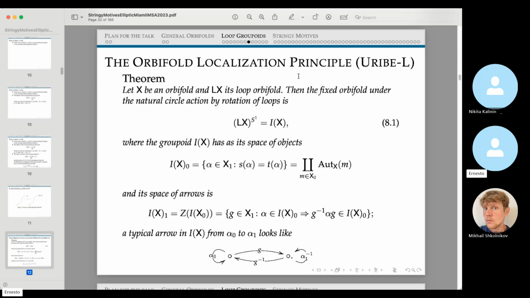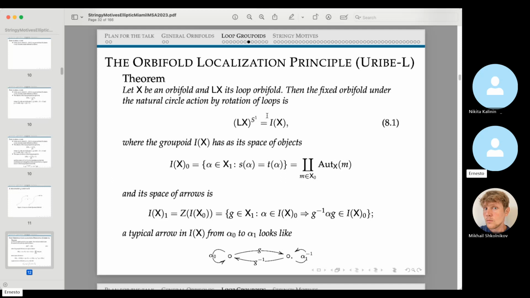The orbifold localization principle theorem. A very important fact to localize the integrals in the Feynman-Kac case or in all these things that I told you about before was that if this was a manifold, LM to the S1, the fixed points, the fixed loops on the rotation of the loop space, was M, just the manifold.